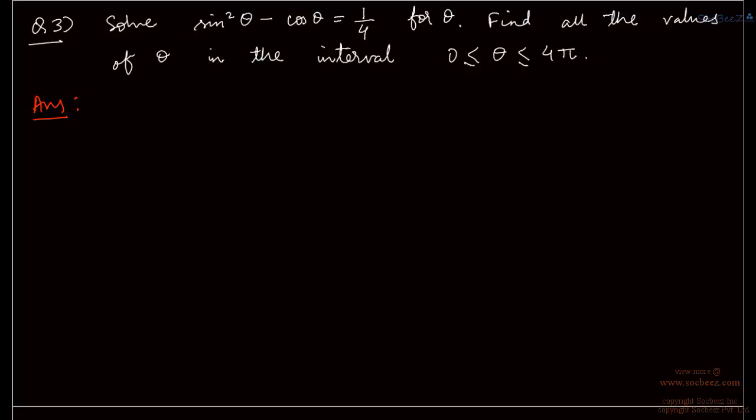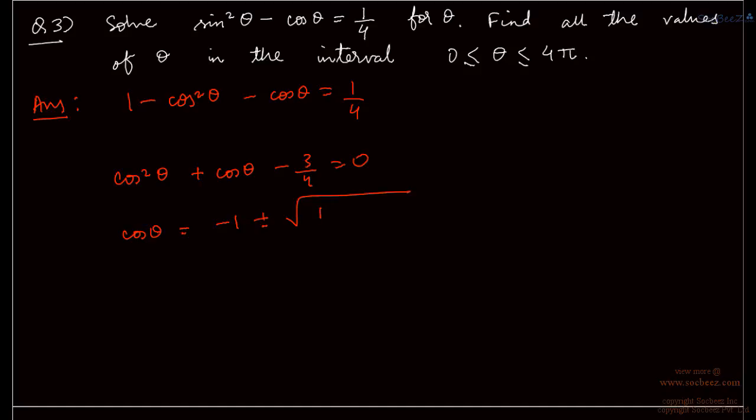Okay. Now the equation actually is a very simple one. What you need to do is obvious. You have to write sin square theta in terms of cos square theta, which is 1 minus cos square theta. So we get 2 cos square theta plus cos theta minus 3 by 4 is equal to 0.